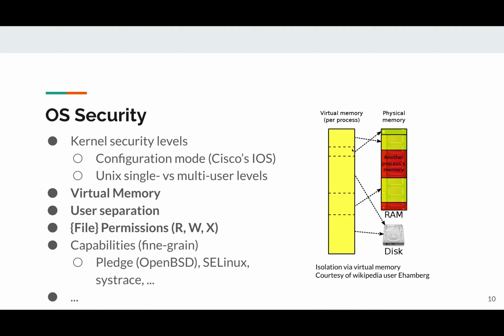We talked about virtual memory and how it segments real memory and presents it as a sequential resource. We talked about users having different permissions to access different parts of the system. Here we start talking about files.